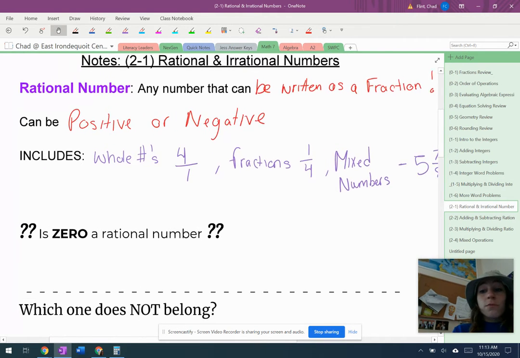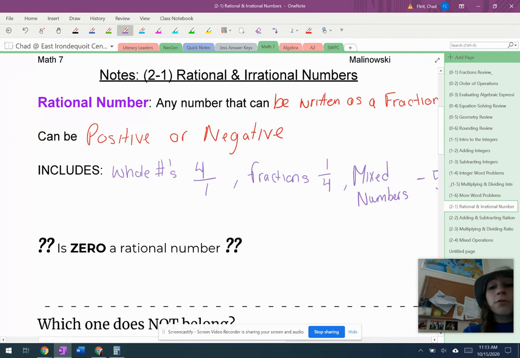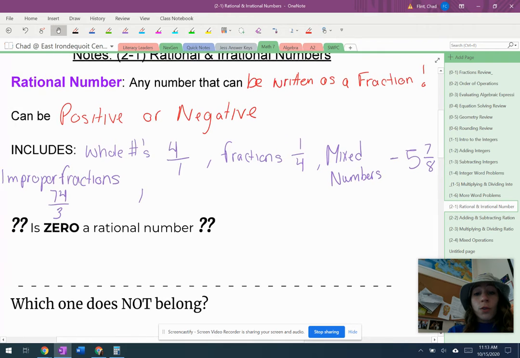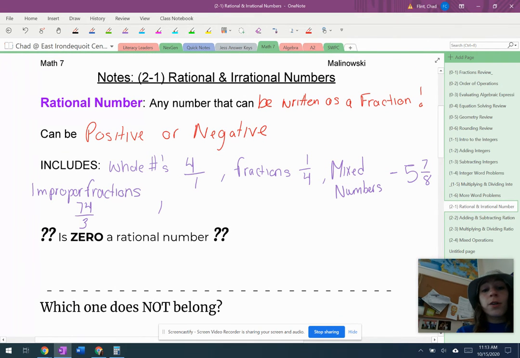Whole numbers, fractions, mixed numbers, kind of going right along with mixed numbers would be those improper fractions, where that top piece is bigger than the bottom piece, so something like 74 thirds.